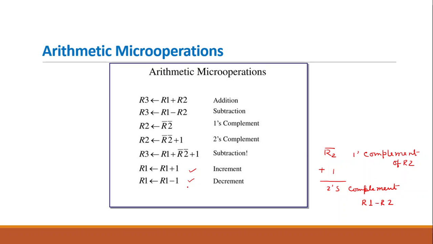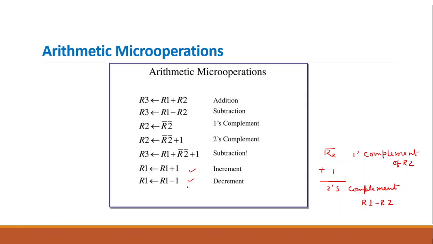The increment and decrement microoperations can be implemented with the help of a combinational circuit or with a binary up-down counter. The microoperations listed in this table can be implemented in one composite arithmetic circuit.